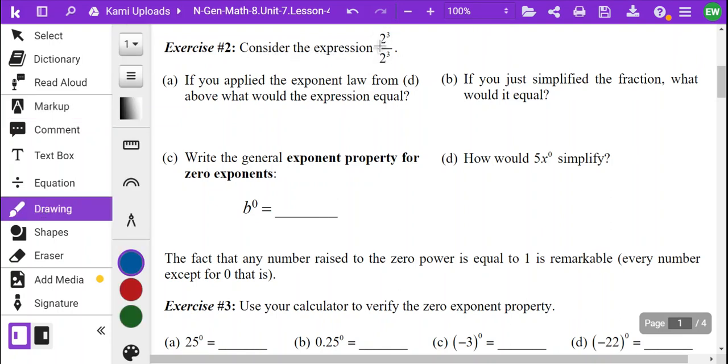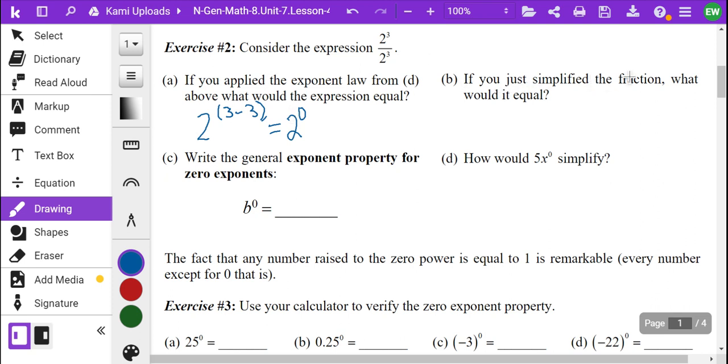So this expression, 2 to the third over 2 to the third, our bases are both 2. So let's go ahead and look at that. 2 to the 3 minus 3, well, that's equal to 0. 2 to the 0 power. But we don't know how to simplify that yet, right?